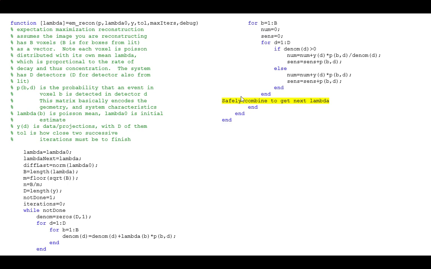Now I want to safely combine our calculation to get our next step, right? And again, this is a memory saving operation. In the long run, if I was doing my own personal code that I was going to release to people, it was going to be a library, I would split it out. I would make num and sense a larger variable, and then I'd break it out so I could get efficiency.